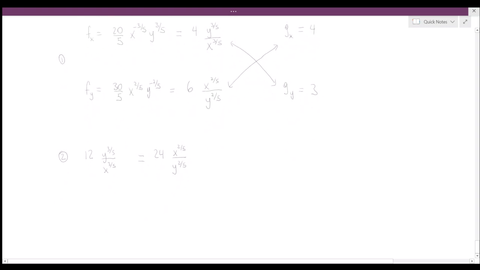Okay. And what we want to do now is manipulate this equation and try to get some relation between x and y. So the best thing to do right now is to actually sort of cross multiply again. So multiply the y to the 2/5 over to here, and the x to the 3/5 over to here, okay?